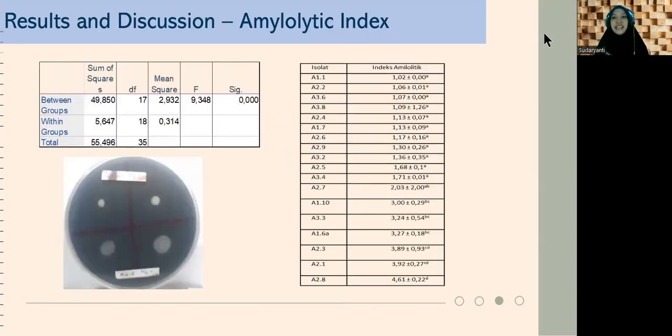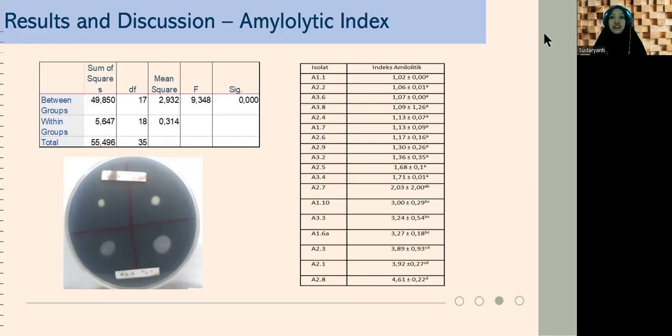And here is the amylolytic index test. From the result of our calculation, the amylolytic index data of the bacterial isolates we obtained range from 1.02 until 6.03. The amylolytic index were then tested with ANOVA statistic to determine whether the differences in amylolytic index were significantly different or not.